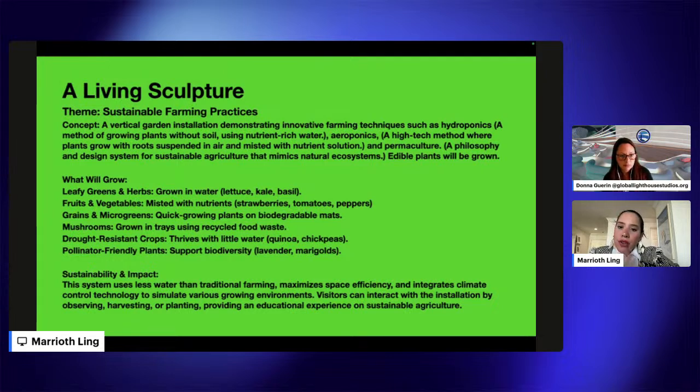It's a vertical garden installation that demonstrates different farming techniques that are good to show to the public, like hydroponics, which is a method of growing plants without soil, using nutrient-rich water, or aeroponics, which is another method where the roots are suspended and the air is misted with nutrient solutions, or permaculture, which is how they design an agricultural system in places where the plants are not endemic, trying to mimic the ecosystem of the plant.